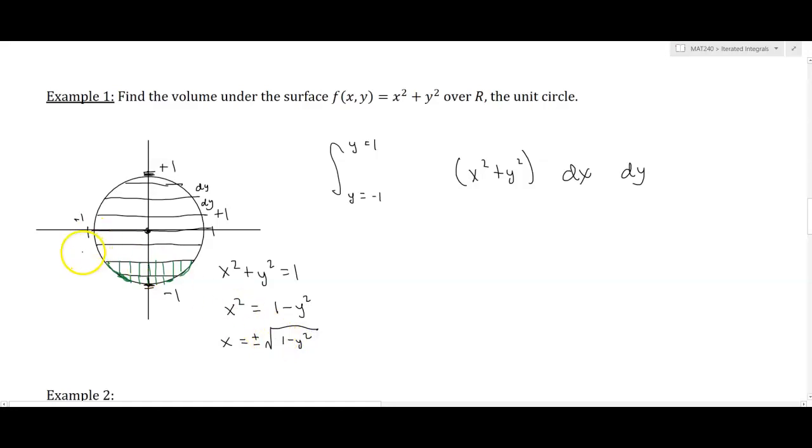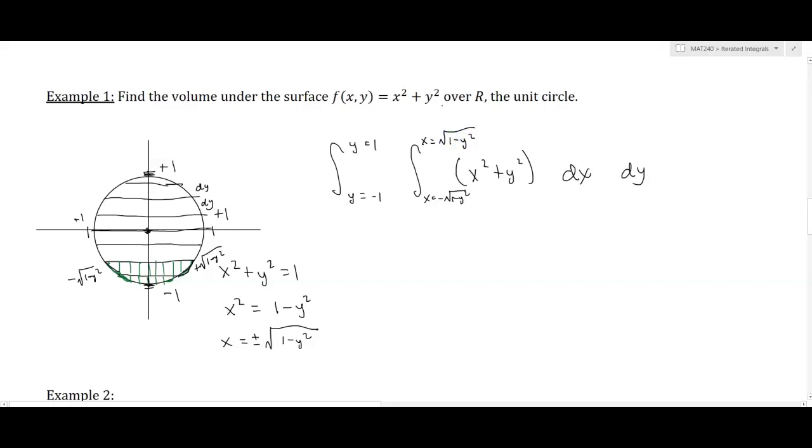And so this left edge right over here is going to be negative square root of 1 minus y squared, and the right edge of the circle is going to be positive square root of 1 minus y squared. So that's going to tell me that this integral right here needs to go from x equals negative square root of 1 minus y squared to x equals positive square root of 1 minus y squared.